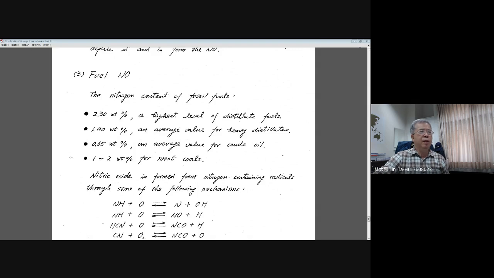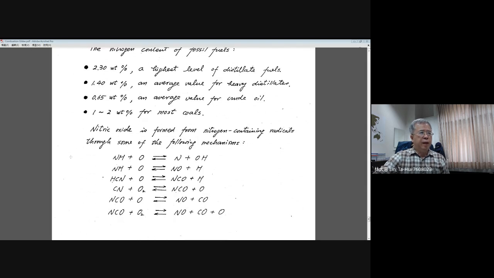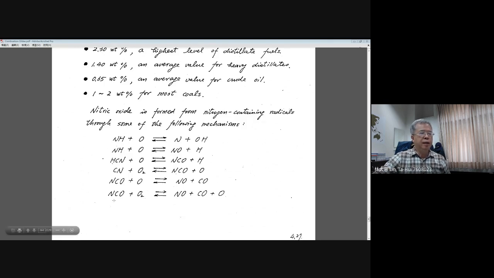We understand how much nitrogen will come from the fuel you used. And people understand those kinds of nitrogen mechanisms are quite complicated for different kinds of nitrogen-containing fuels, but usually, the left-hand side in all formulas represents the nitrogen-containing fuel, for example, NH or HCN, CN.